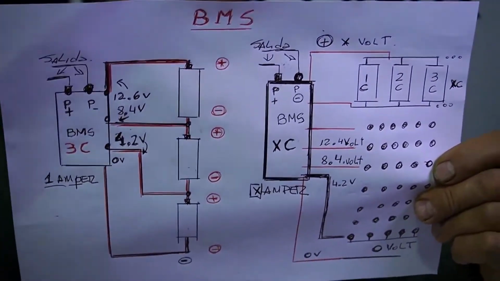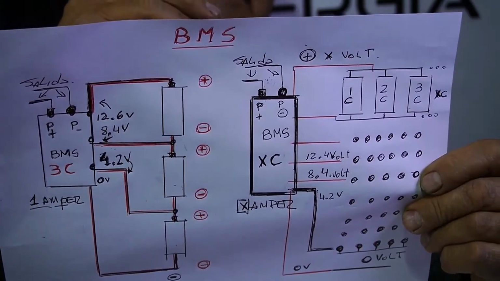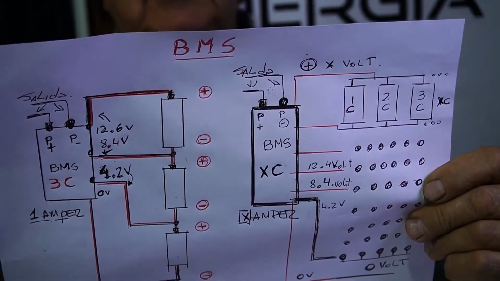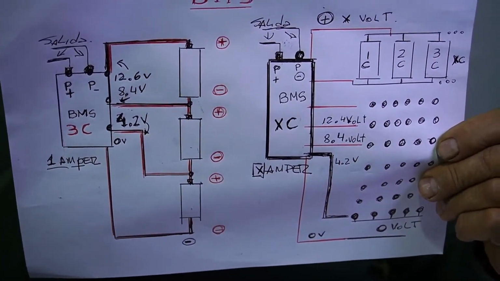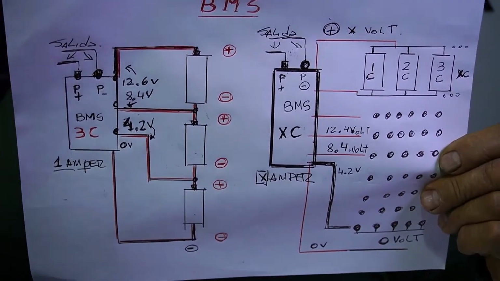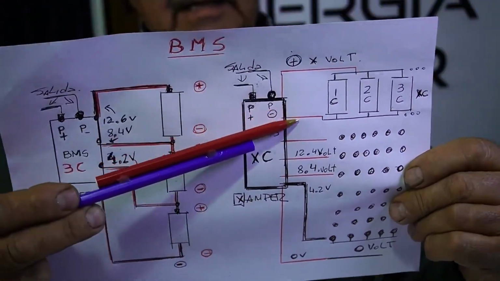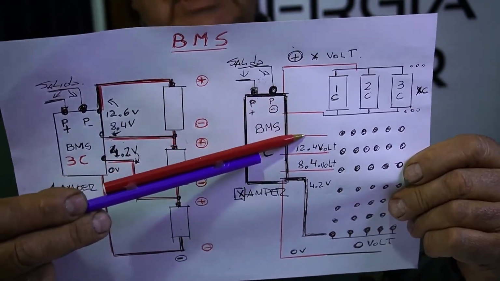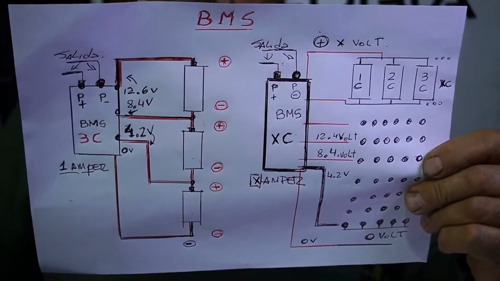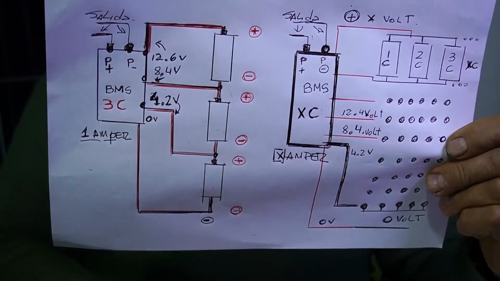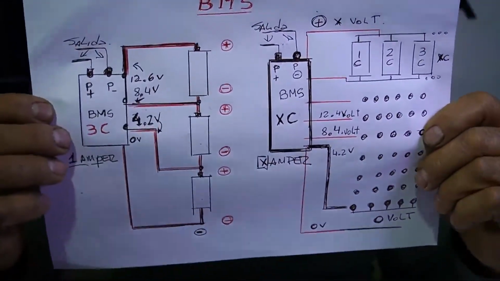Why am I telling you this? Because when one cell charges more than the other, we can run the risk of one being overloaded and the other lacking charge. So the BMS determines when one is filling up and when the other is filling up. Here I make another analogy to explain this process.